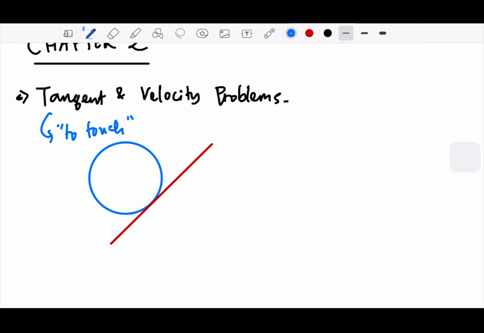If you see this picture here, because of the pixels and the thickness of the line itself, we can't really see where the point is, because from here until here it seems touching. But actually, in the definition, tangent means really one point, touching exactly one point.